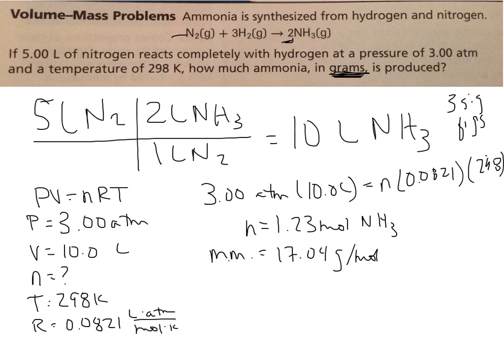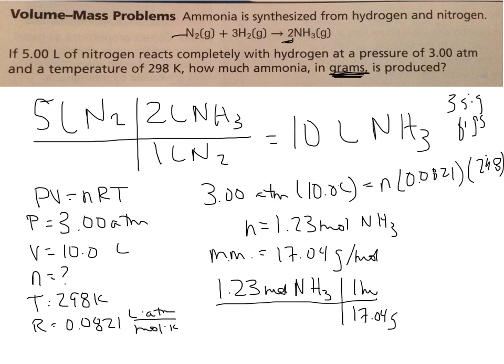And now I can convert moles to grams, so I have 1.23 moles of NH3, and I have 17.04 grams in 1 mole of NH3, and I find that I'm going to produce 21.0 grams of NH3.